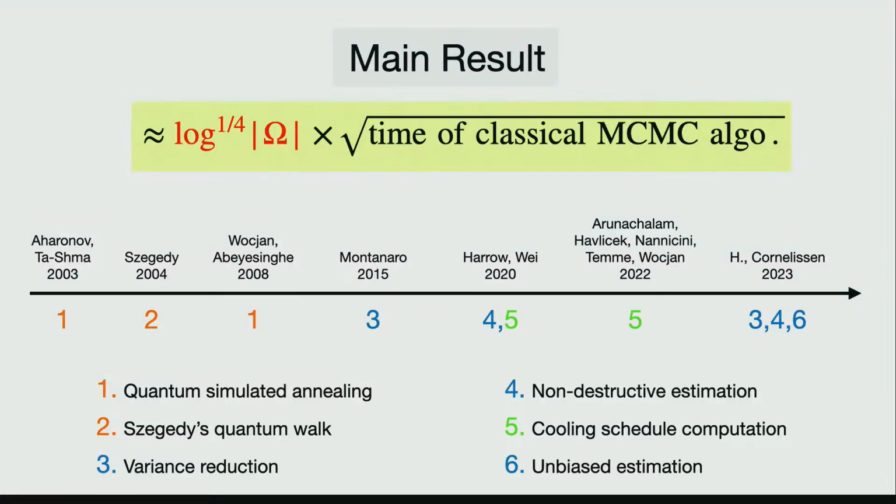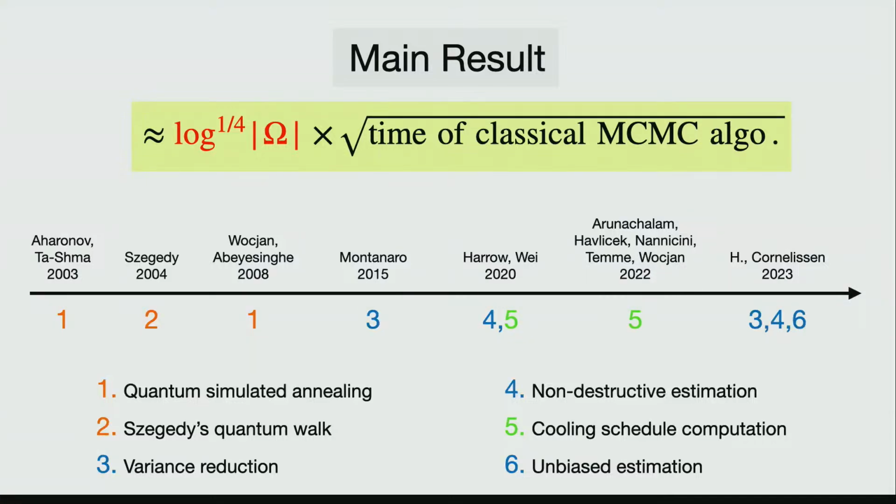This is a timeline, maybe omitting some papers, but those are some of the most important contributions in achieving this complexity. It started at least with a work by Aharonov and Ta-Shma in 2003. As you can see, in each of those works there has been a slight improvement to arrive at this complexity, and each time it was with the introduction of new quantum algorithmic primitives.